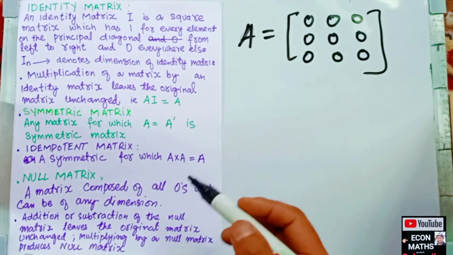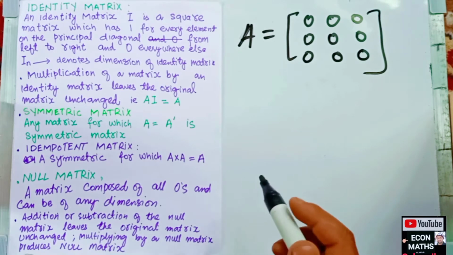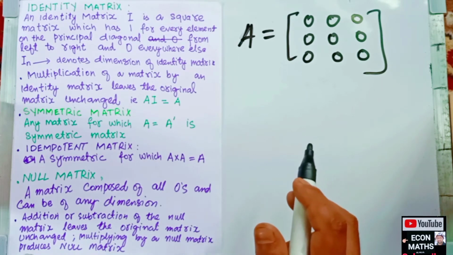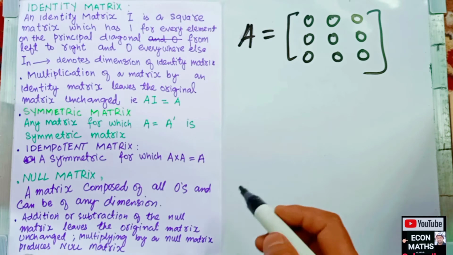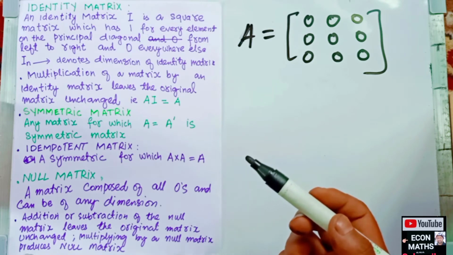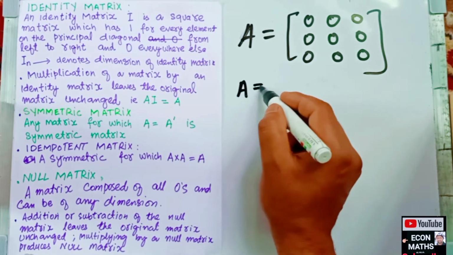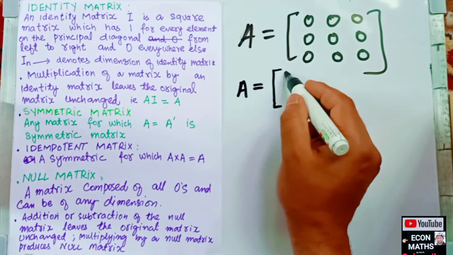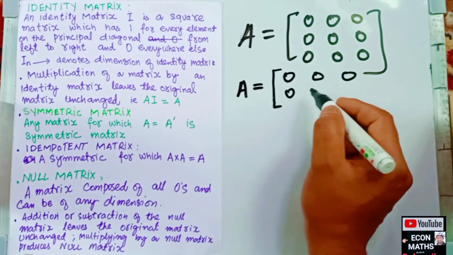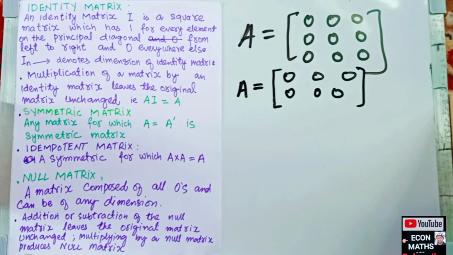So this is a null matrix where all the elements are 0. Now a null matrix can be of any dimension. It is not necessary that a null matrix must be a square matrix. Here we can have a rectangular matrix also, which is also a null matrix, that is 0 0 0 0 0 0.